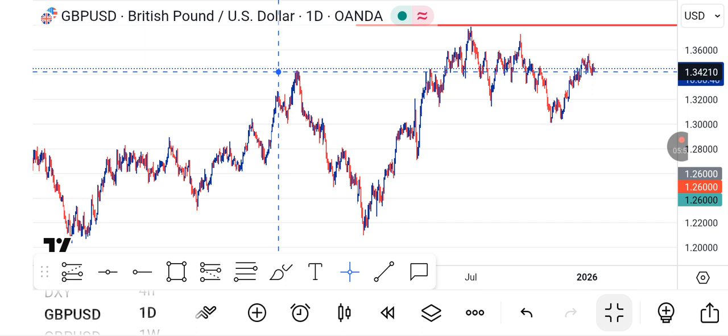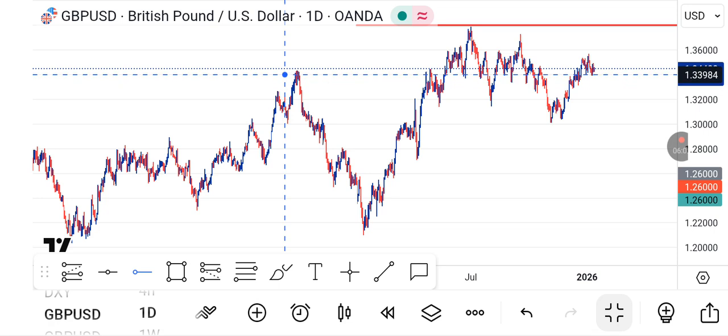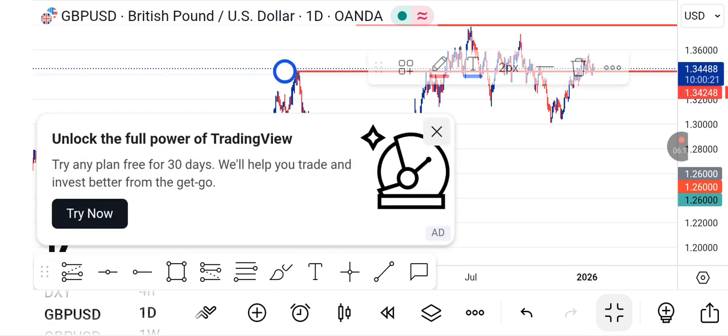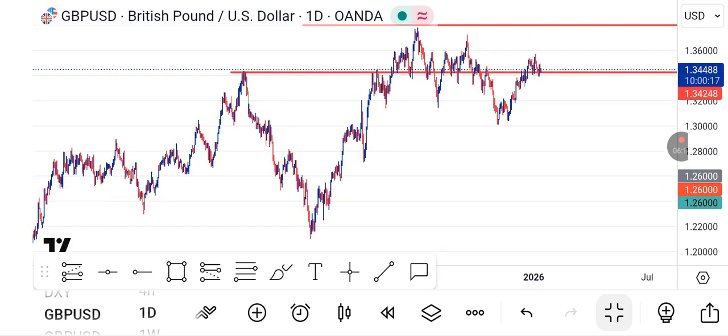I can mark it, yes. I can mark it for some reasons. The reason is the market might use it either as a support or as a resistance. So I can use it here to mark.